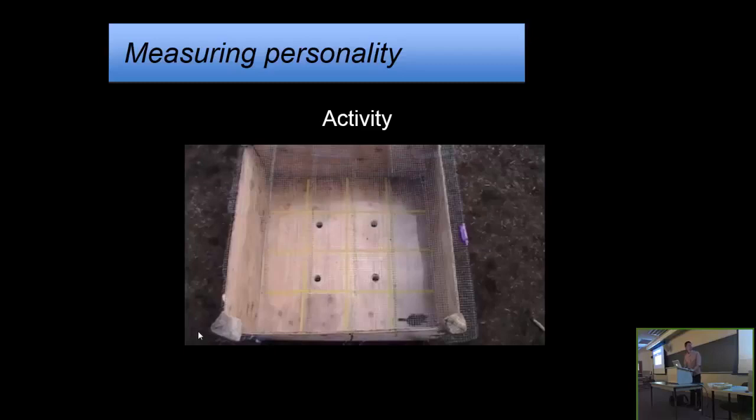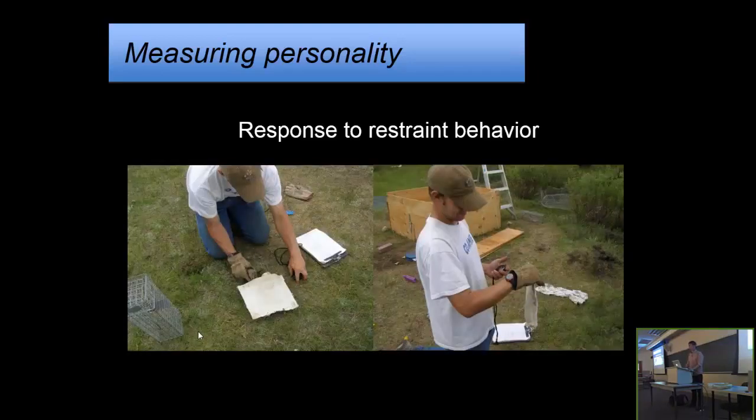In this test, we can also evaluate exploration, have a few false burrows for the squirrel to explore. And this is a species relevant thing for them, since as they're going out in their natural environment, they'll check out different areas. So we get a measure of exploration by counting the number of head dips into those burrows. And last, I'll measure response to restraint behavior.